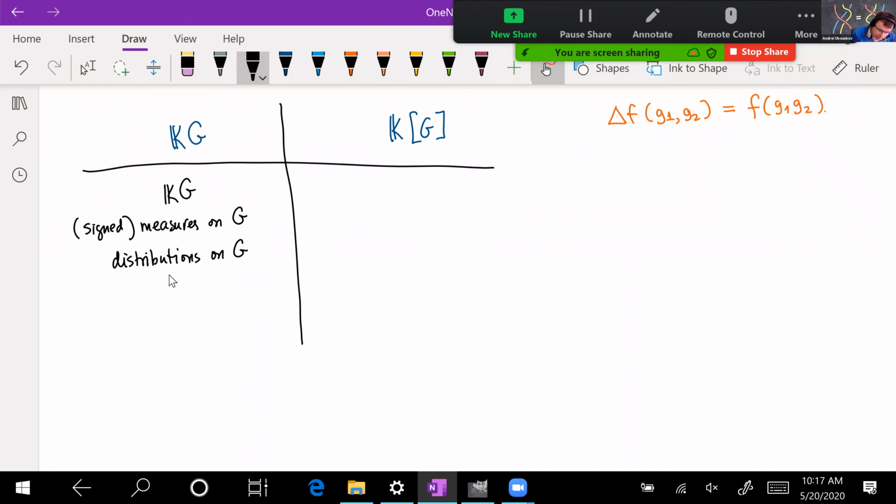Inside here, the distributions supported at the identity are the same as the universal enveloping algebra of the Lie algebra of G. As an algebra you know what it is, but as a coalgebra it means the coproduct of some element xi is xi tensor 1 plus 1 tensor xi, which is just the Leibniz rule. We know that g goes to g tensor g, and if you think of g as 1 plus something infinitesimal, then by the Leibniz rule we get this rule.